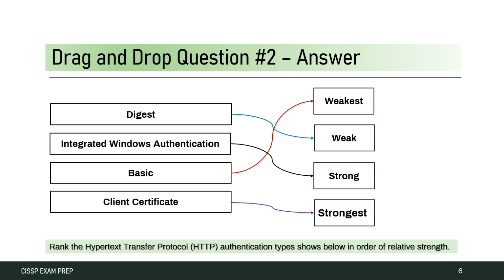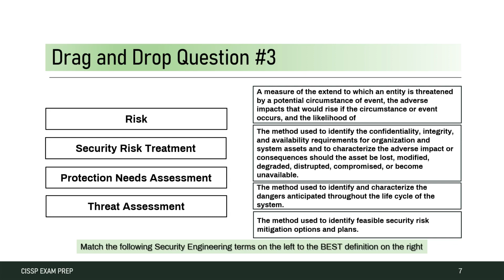All right. Okay, how about question number 3? Match the following security engineering terms on the left to the best definition on the right. Now, what is risk? What is security risk assessment?